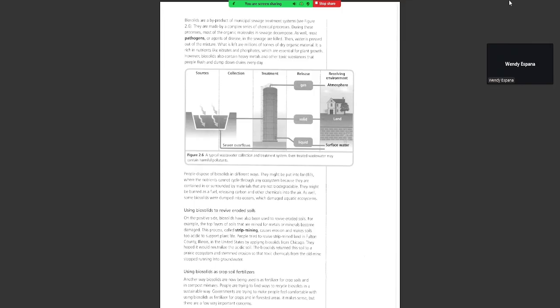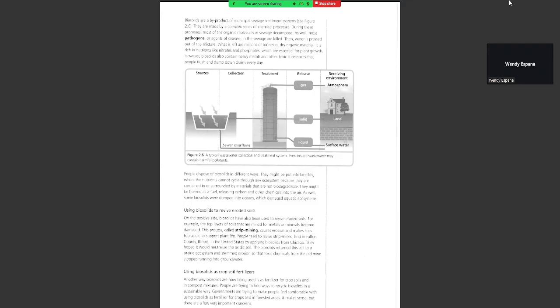And the municipalities have collected it, and they can use it to help revive an area, an ecosystem that got destroyed from erosion. So remember that the top layer of soil can be stripped by mining, for instance.